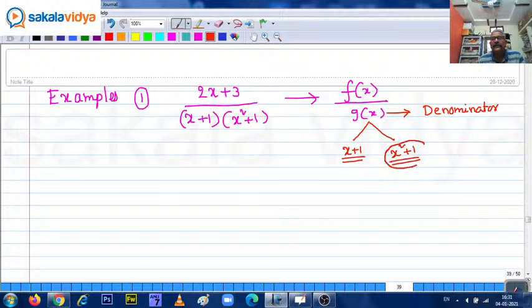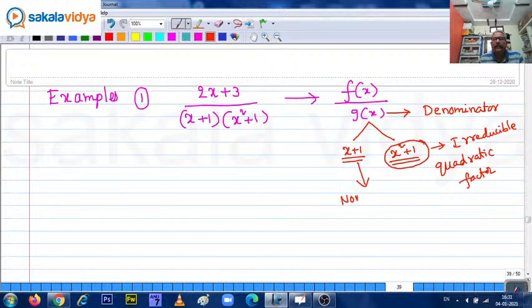So this x square plus 1 is called an irreducible quadratic factor, and this is a non-repeated linear factor.